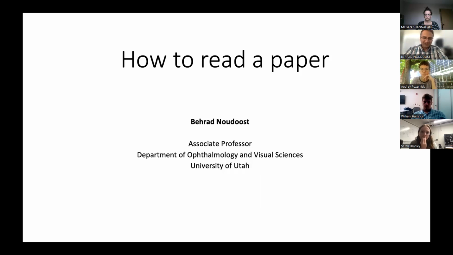But what I'm trying to do today is mostly just giving you a general idea of how to read a scientific paper. And feel free to stop me anywhere in the middle.